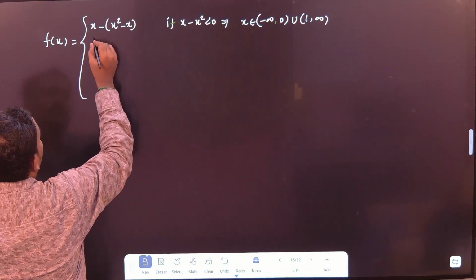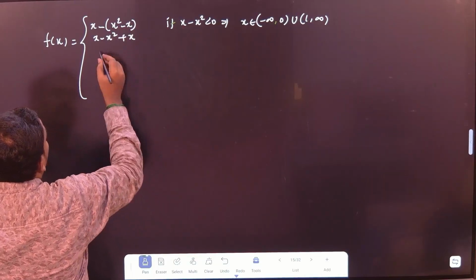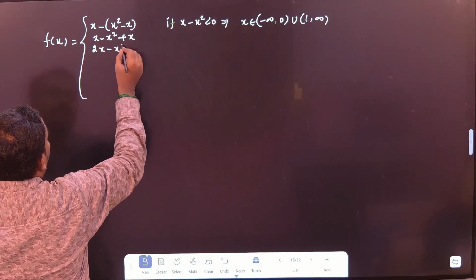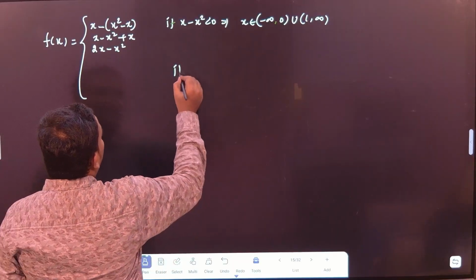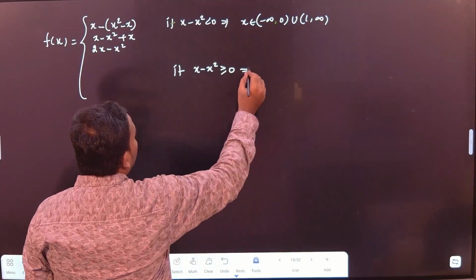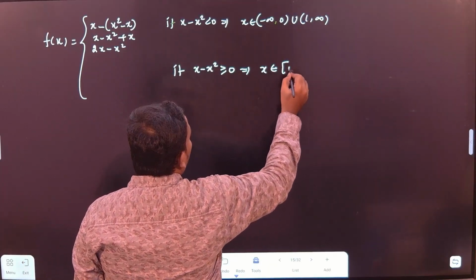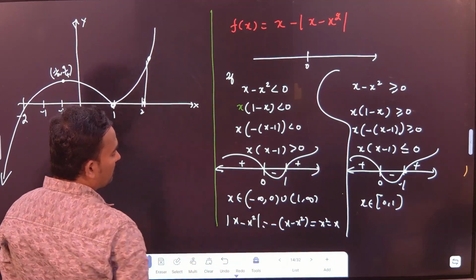If you simplify this, x minus x square, you will get 2x minus x square. Okay, fine. Next, if x minus x square is greater than or equal to 0, in this case x belongs to 0 to 1, closed interval, right?